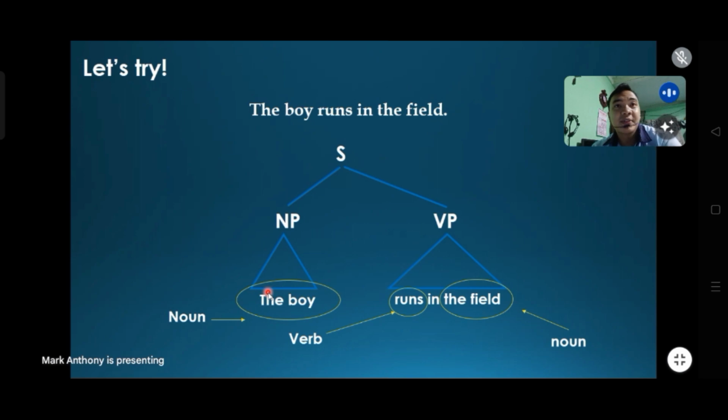Does it function as a verb? Does it function as a noun? So it is important that you know the function of that specific word in the sentence so that you'll be able to create a well arranged phrase structure tree.